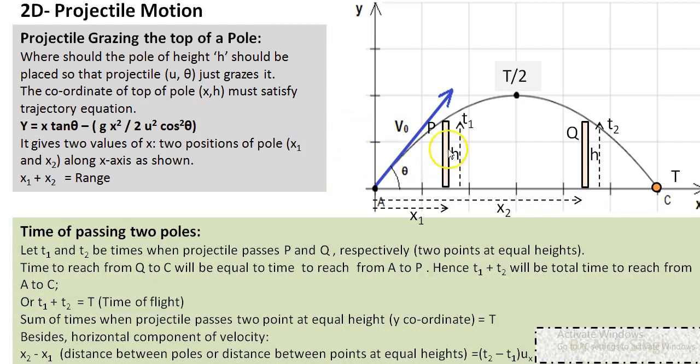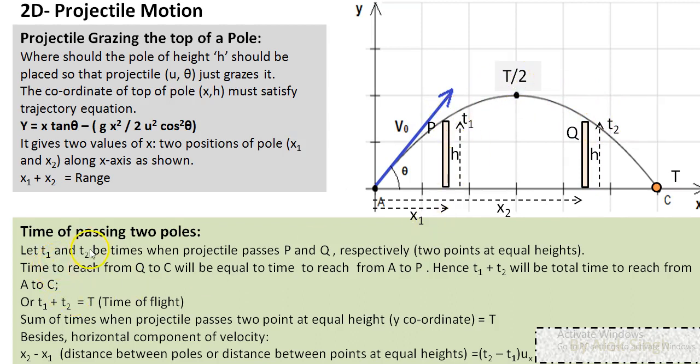During the motion, when it passes point P, we record the time T1, and when it passes point Q, we record the time T2. Of course, T2 will be greater than T by 2, and T1 will be lesser than T by 2.